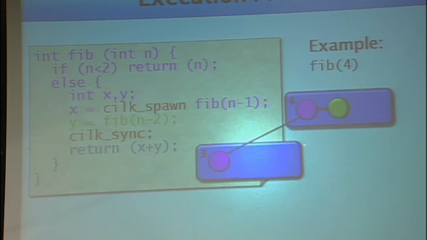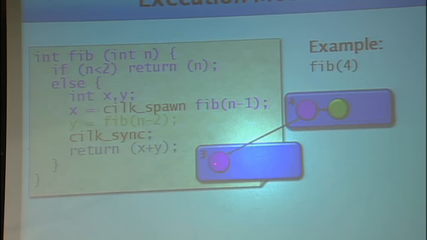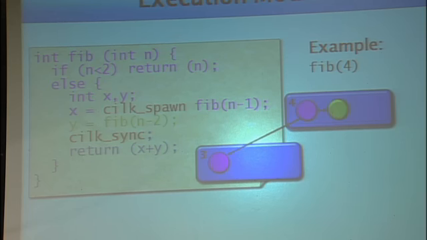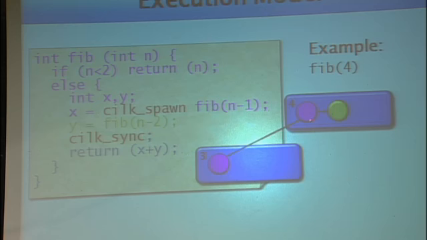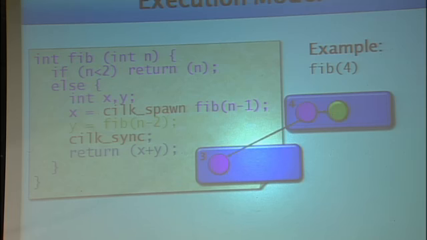That means I create a child and start executing in the child this prefix part of the function. However, unlike an ordinary function call, where the parent would make this call and just sit here and wait until this frame was done, since it's a spawn, I'm actually going to continue executing in the parent and execute the green part.